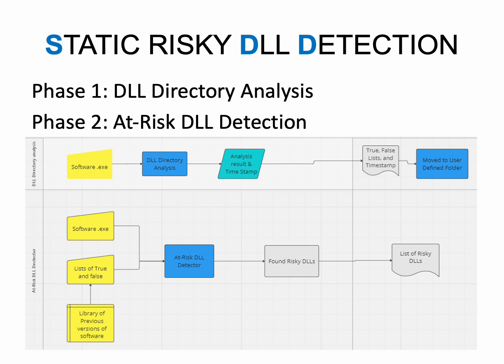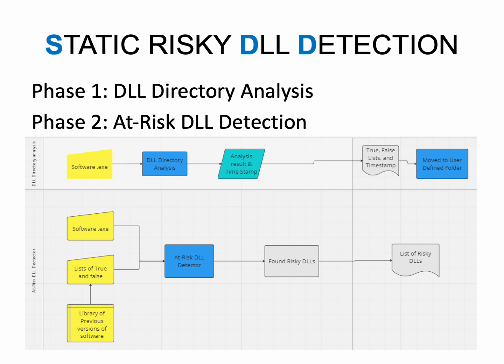To do that, here is an overview of our tool, which has two phases. The first phase is called DLL directory analysis. It analyzes the software and figures out all the DLLs used and whether they appear in their correct locations.